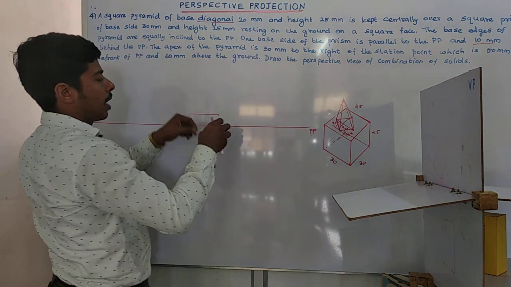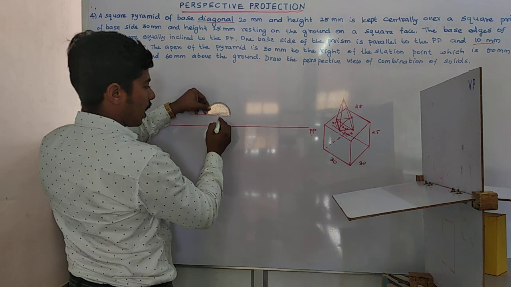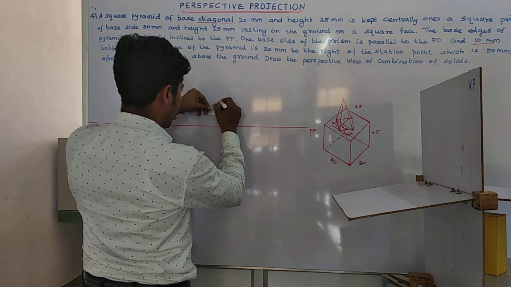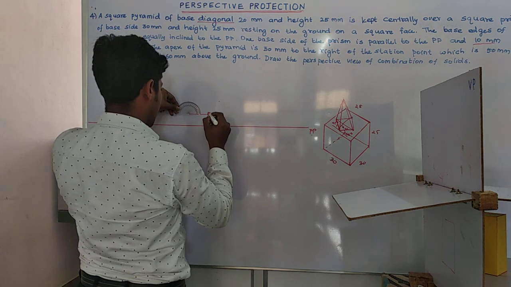Then complete the square by drawing perpendicular lines from the edges. So here it is 90 degrees, here also.